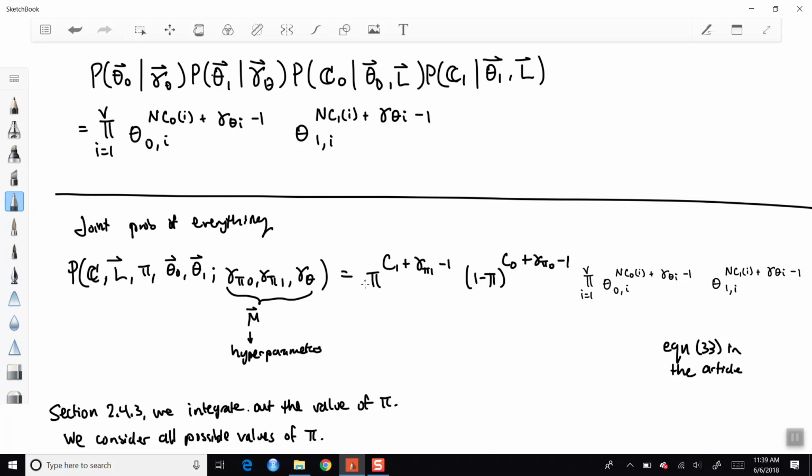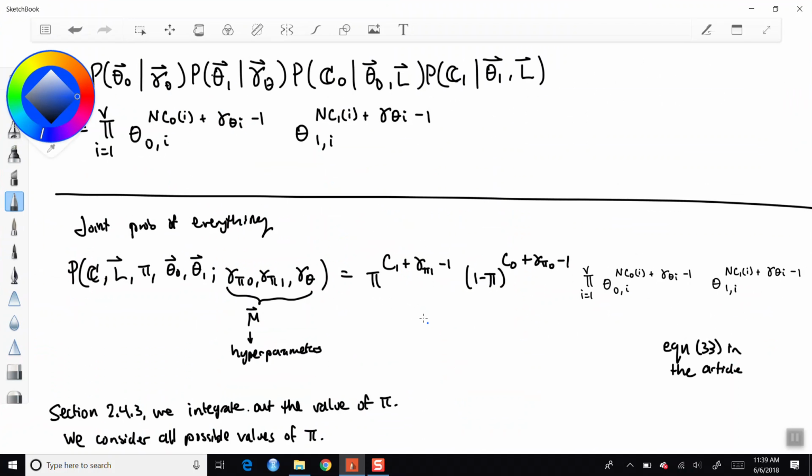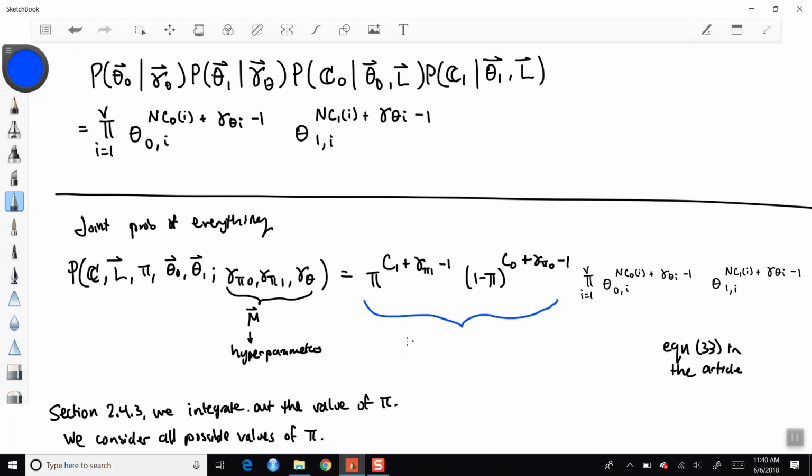But after integrating out pi, this part becomes a scary looking formula that does not depend on pi.